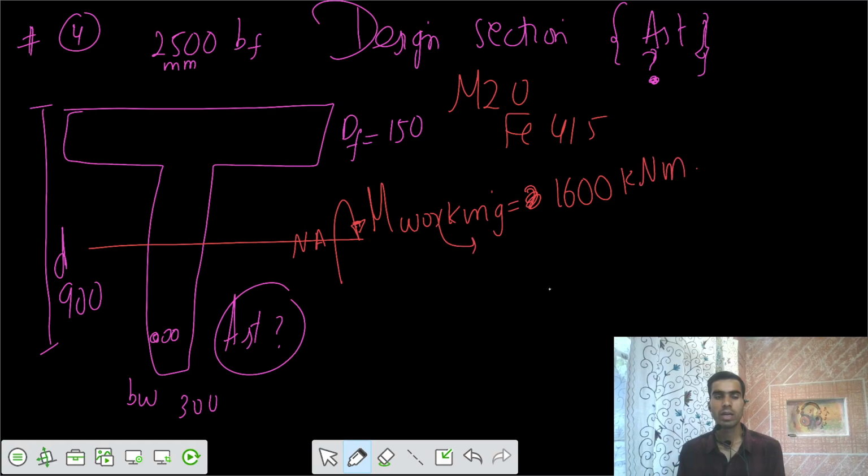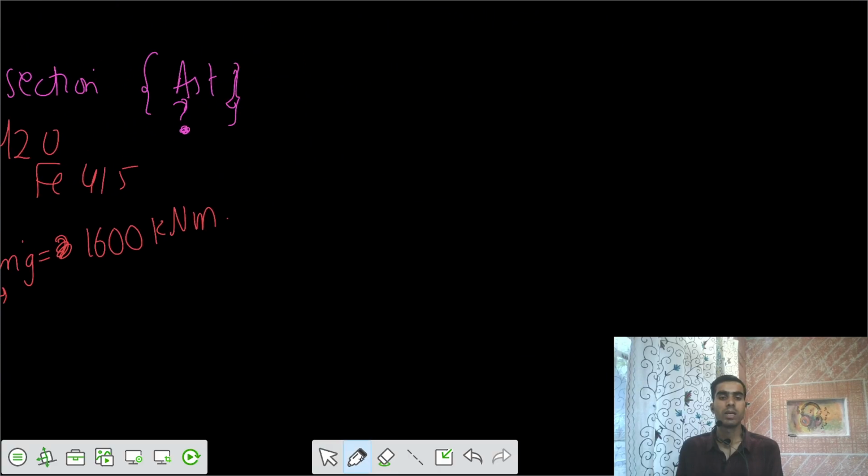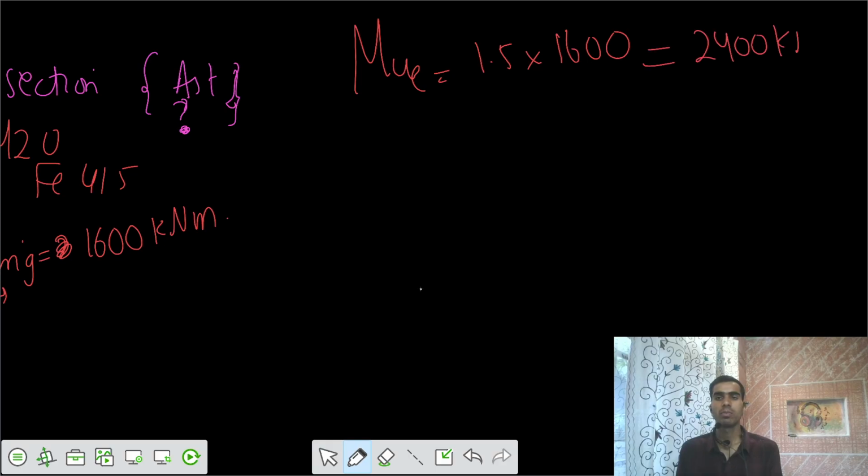But we need to calculate the factored moment because we are designing in the limit state of flexure, where we have a load combination of 1.5 times the dead load and the live load. So your factored moment MUE would be 1.5 times the working moment, that's 2400 kilonewton meter.